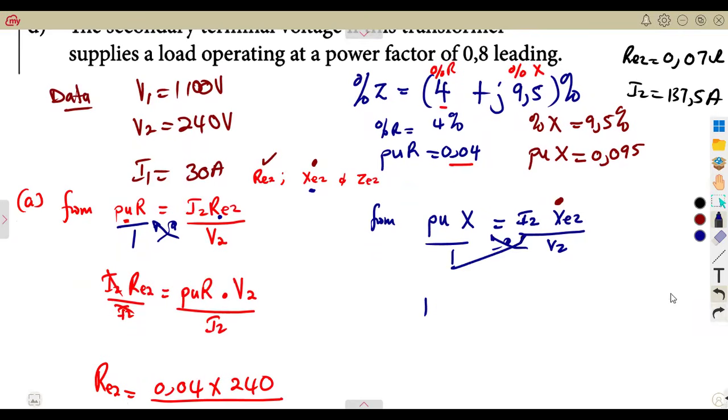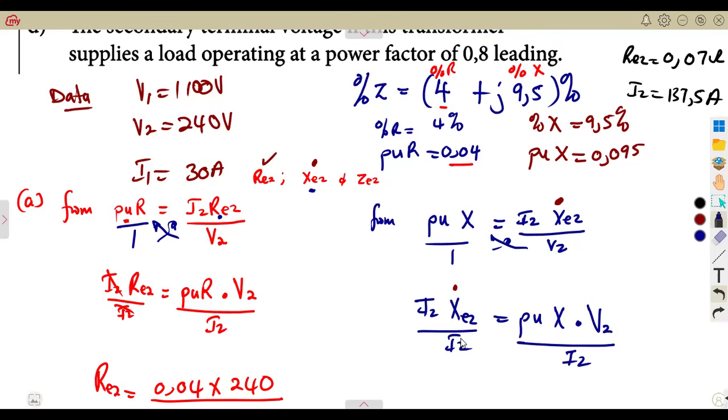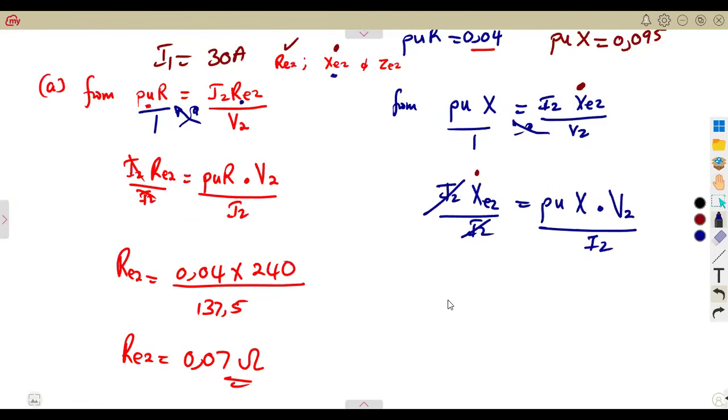That's 1 times this, so we have I2 XE2 equal to per unit reactance times V2. Remember, we need XE2, so simply divide by I2 on both sides. We now have XE2, the equivalent reactance as referred to the secondary.